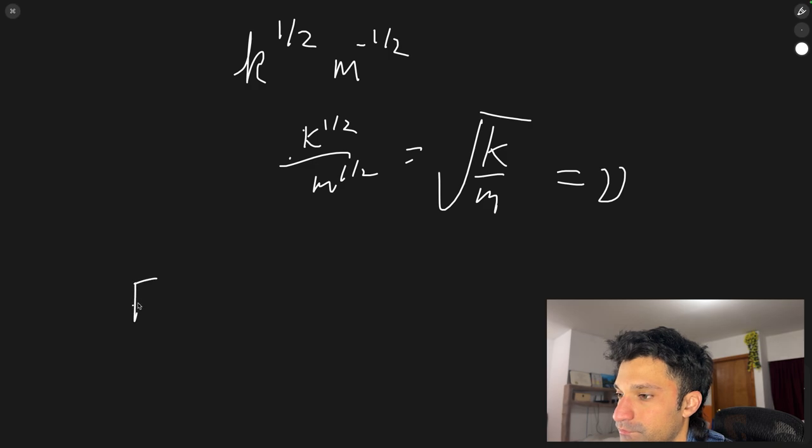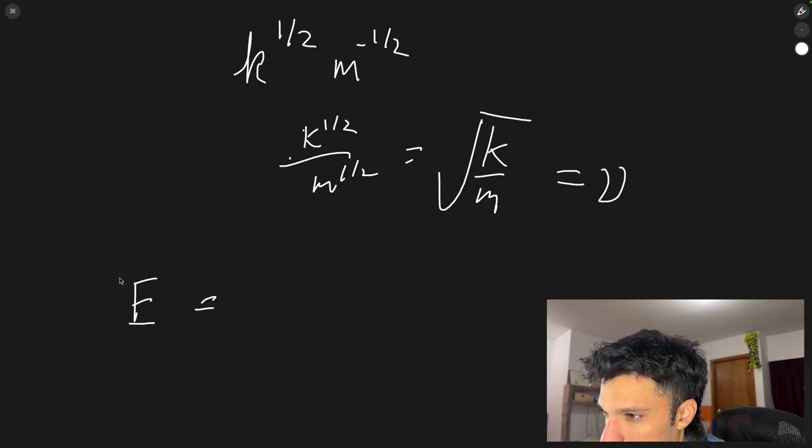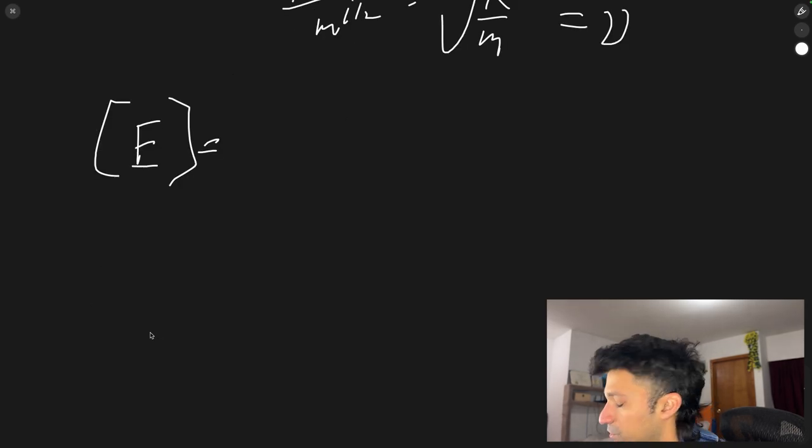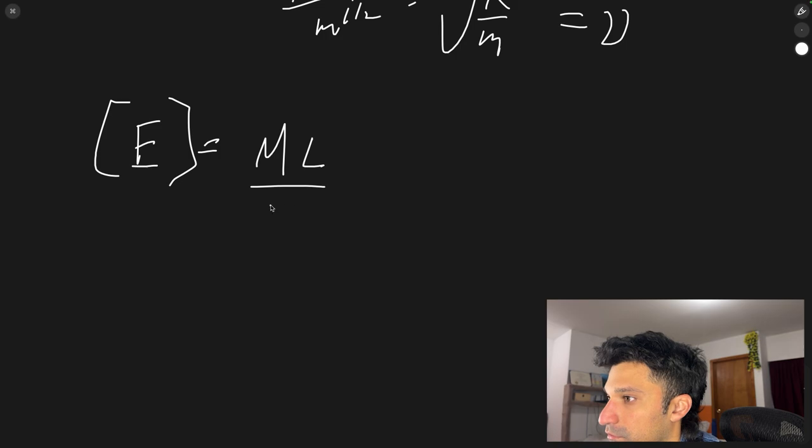All right. So now again, I would like you to find what the total energy might be from purely dimensional analysis. The dimensions of E are going to be force times distance. Force being mass times acceleration, and then distance, right?